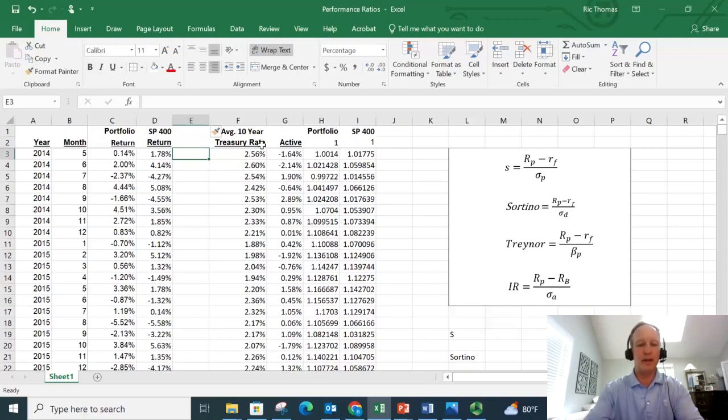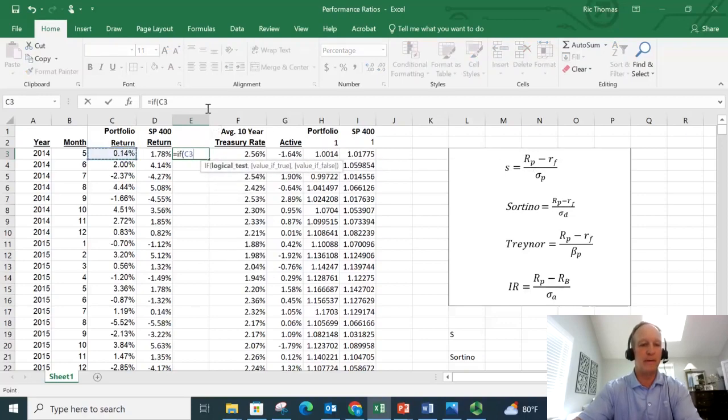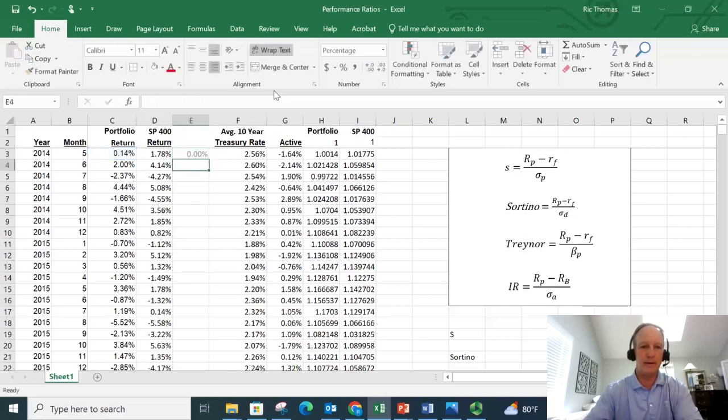So I'm going to put an if statement here, equals IF. If my return number is less than 0, then give me this number back. But if not, then give me nothing. And to give me nothing, I hit two double quotes there and hit enter.